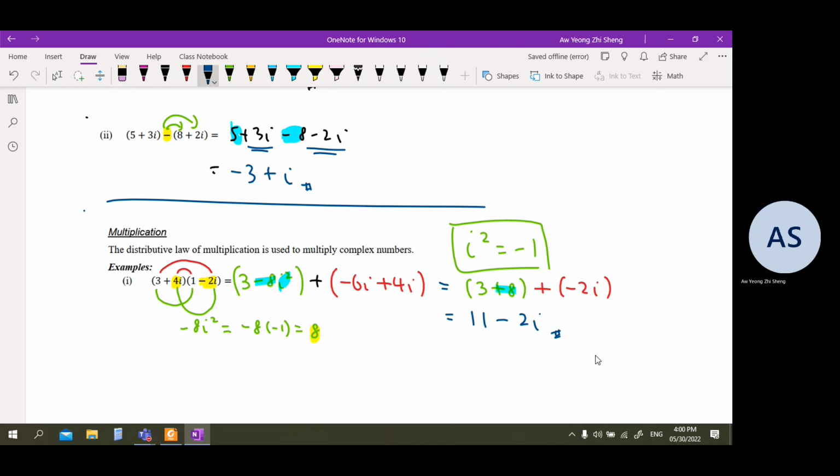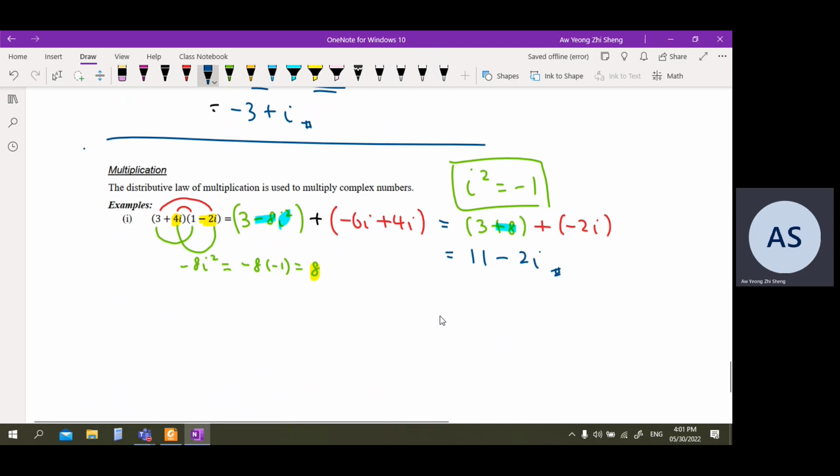And that's it. So this is how I suggest you to do multiplication of complex numbers. You multiply the real terms, group them together, then followed by the imaginary terms, group them together. So this can save you a bit of time of rearranging terms.